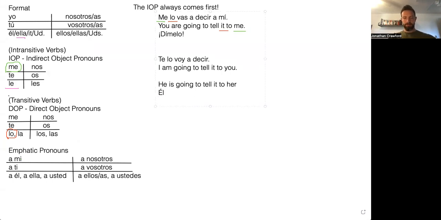Él, and now we're going to say le, and then we're going to say lo va a decir a ella. Lo, we know, is the direct object pronoun that comes after the indirect object pronoun. So we have le lo, le lo.